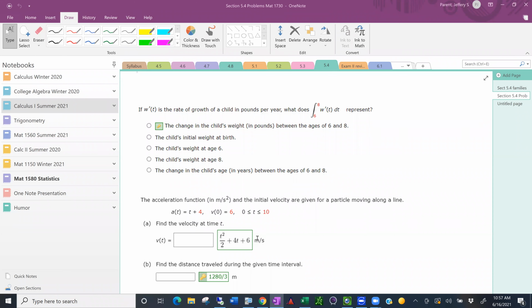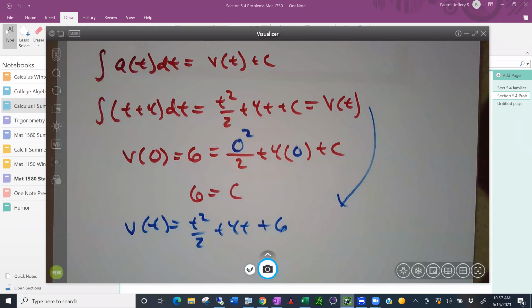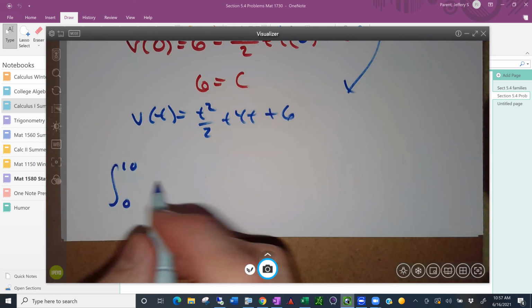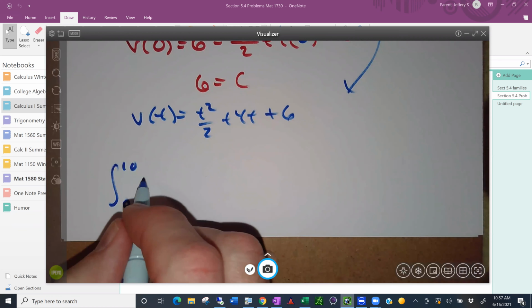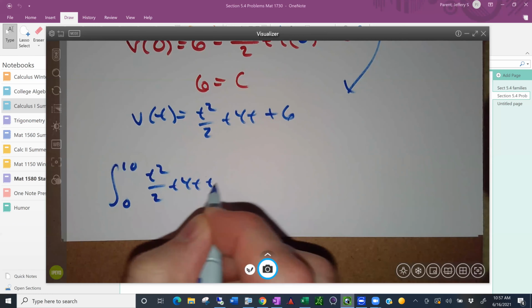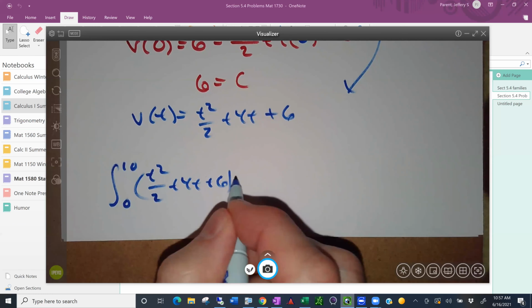So it's going to be the area underneath the curve of your velocity function in the interval 0 to 10. And that area is simply going to be the integral from 0 to 10 of your velocity function, t squared over 2 plus 4t plus 6 dt.